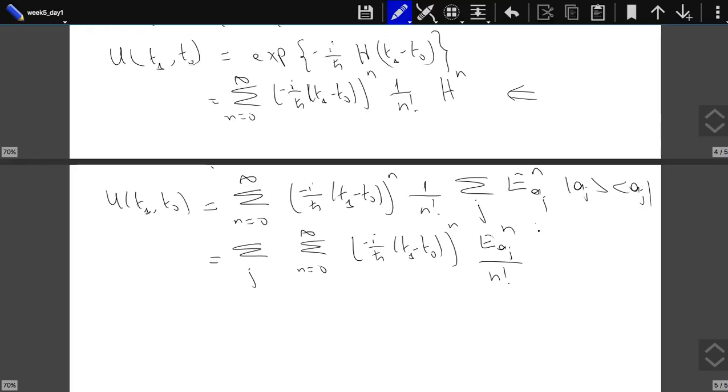Now let's look at the expectation value of Sx. Do you remember what the Sx operator was? This was our Sx operator. So let's look at the expectation value of the Sx operator in the state alpha.